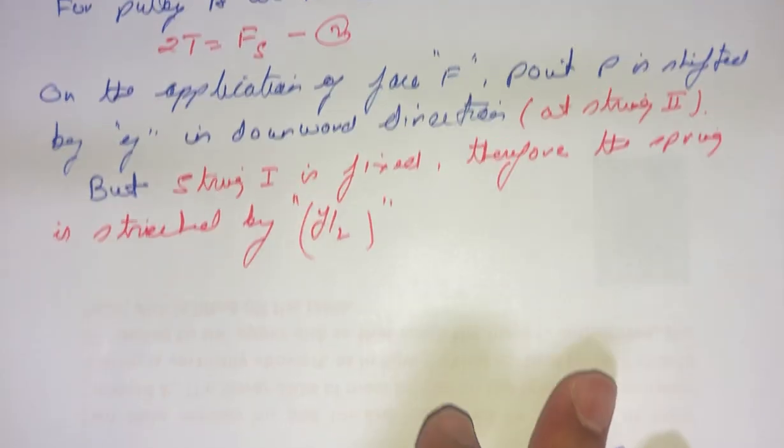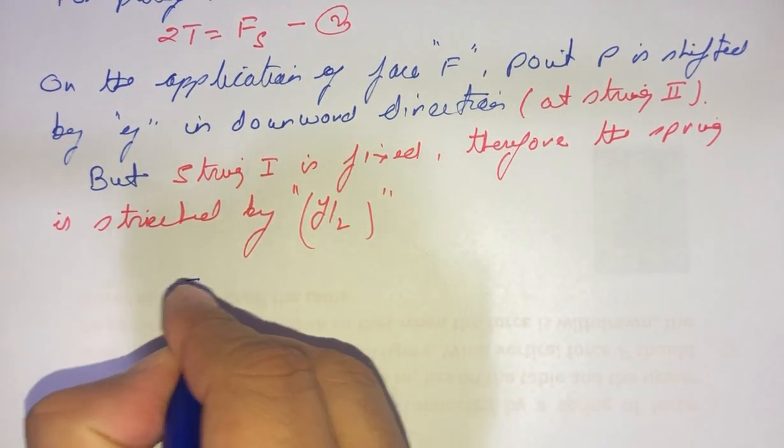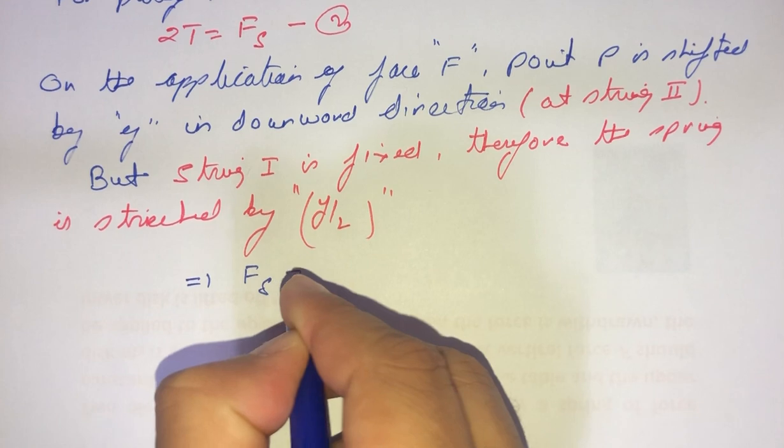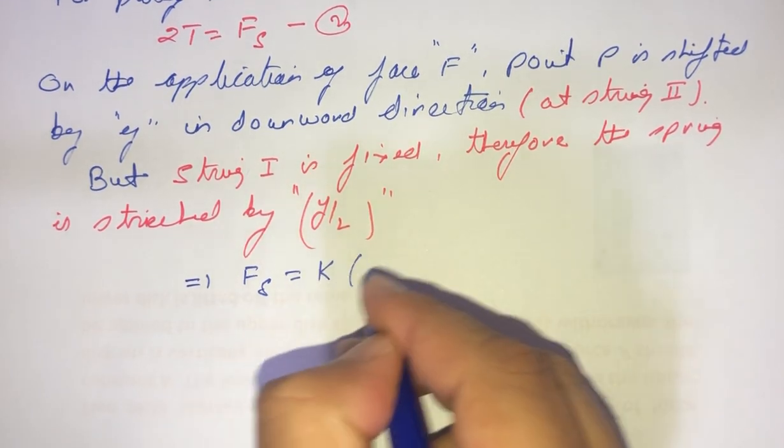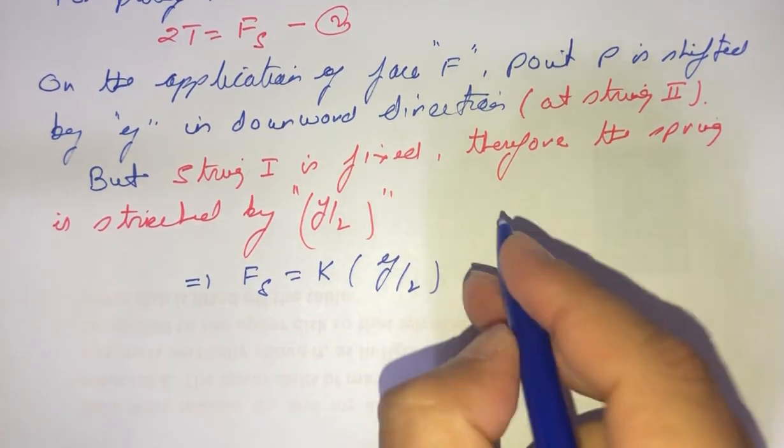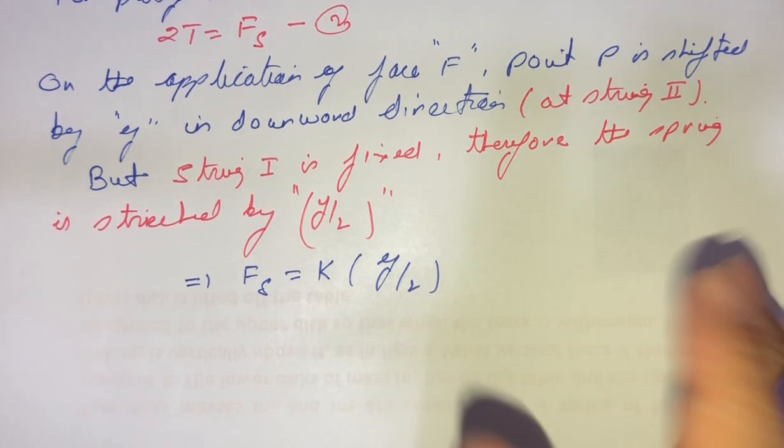And from here we can say that Fs will be equal to k multiplied by y by 2, and let us call this equation number 3.